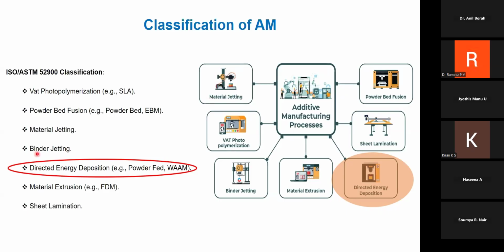The next one is binder jetting. The raw material will be in liquid, semi-liquid state, or powder form. The fifth one is directed energy deposition, where the raw material will be in powder or wire form. The next one is material extrusion, where the material will be in wire form.